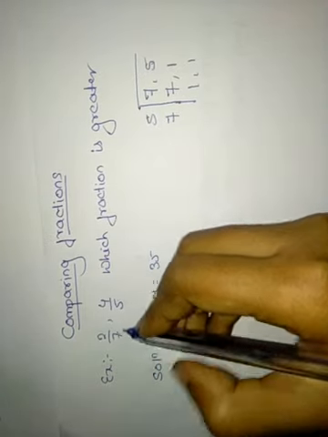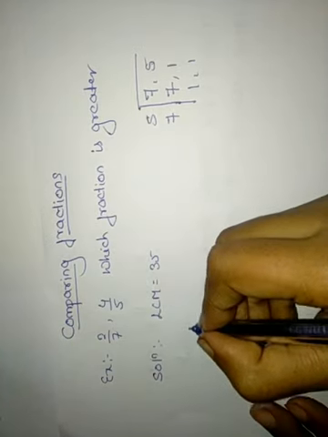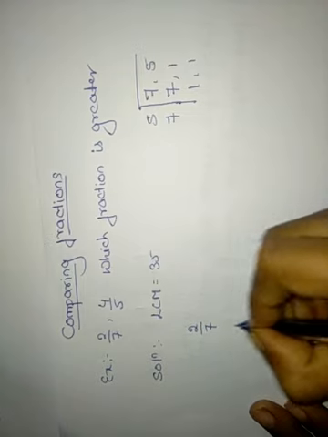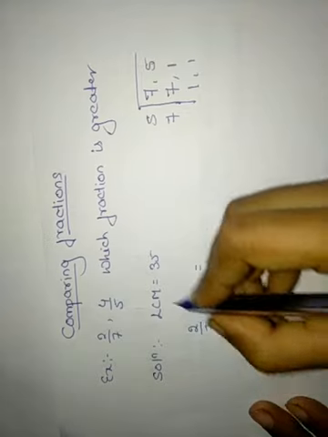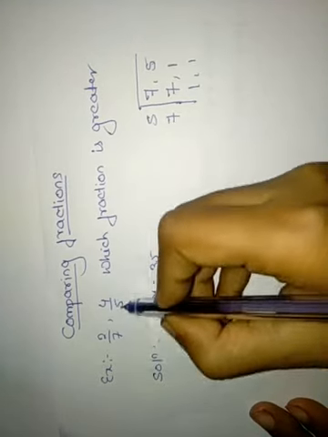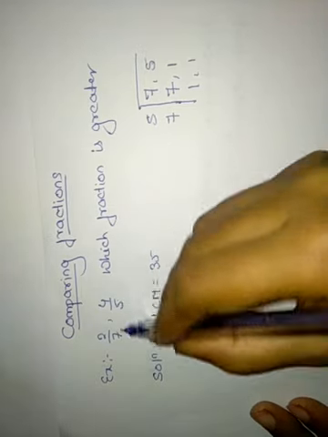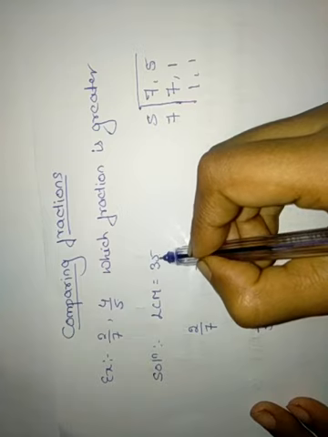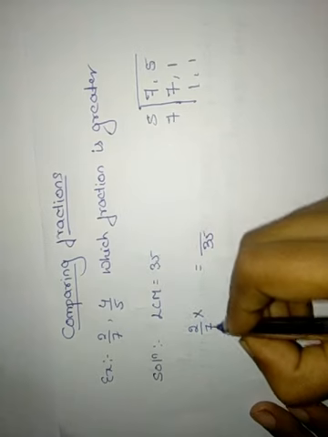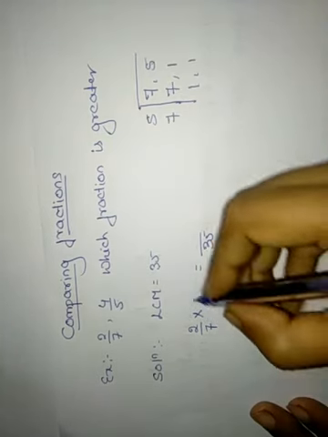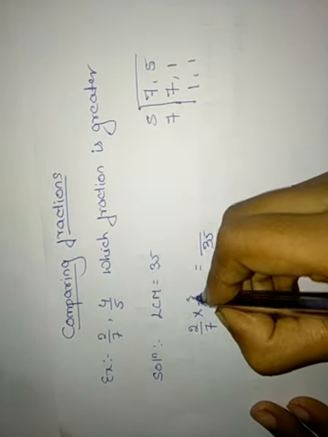Now I will make the denominators of these two fractions the same. The fractions are 2 by 7 and the second fraction, 4 by 5. The denominator of these two fractions must be 35, that is the LCM value, right? To make the denominator 35, I will multiply and divide by the value 5.